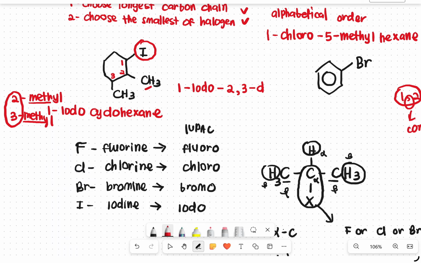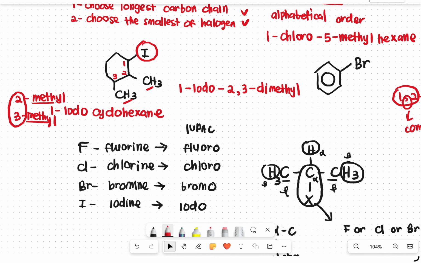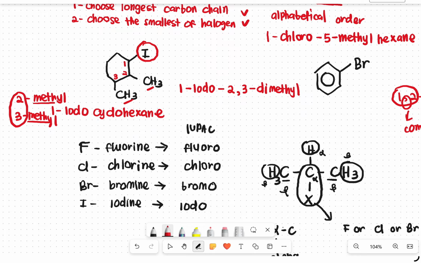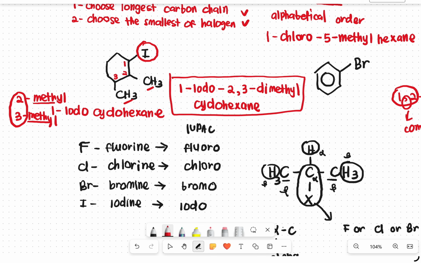There are 2 methyl, so we call it di. If there are 3 methyl, then tri, and so on. 1 iodo, 2, 3 dimethyl, cyclohexane. Not enough space, so I just put it below here, cyclohexane. So this is the IUPAC name for the third structure.